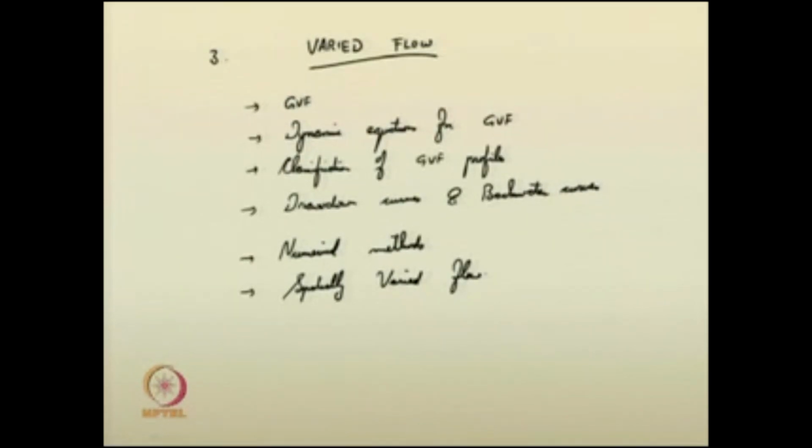In the next module, module 4, was hydraulic jump, a type of varied flow where it is rapid. So, hydraulic jumps was the module name we gave, or it could have been more general, suggesting rapidly varied flow, but we concentrated more on the hydraulic jumps portion.